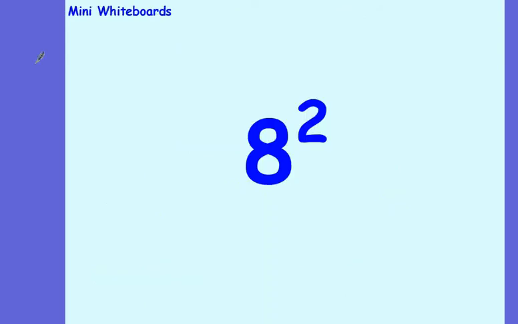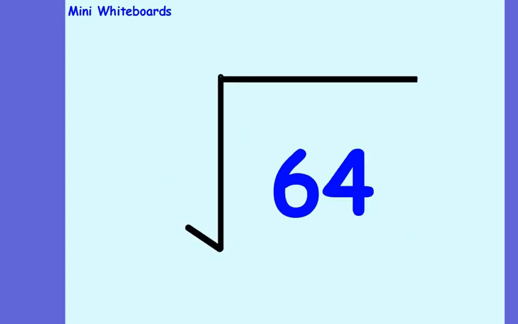Okay, and light blue books or mini whiteboards if you have one. What's 8 squared? Pause the video at any moment to have a little think if you need some extra time. Lilia, what's 8 squared? Great, 8 times 8, which will give me 64. Awesome. So what's the square root of 64?